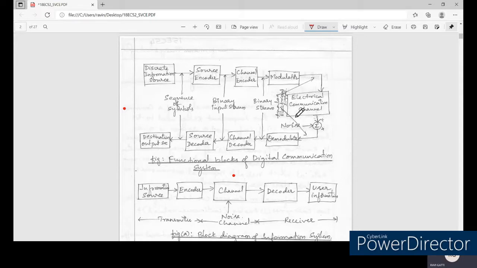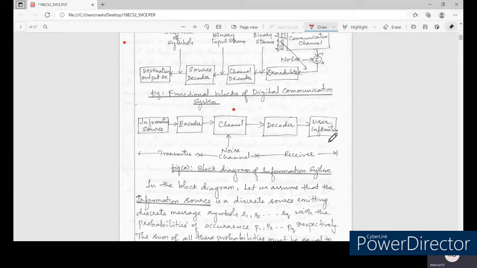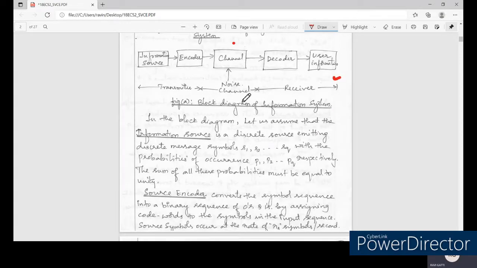In the earlier classes, we studied the digital communication block diagram, and also discussed some of the basic information we are going to process in information theory and coding through the use of this block diagram. Okay, so you can see here we are mainly focused on the information source.